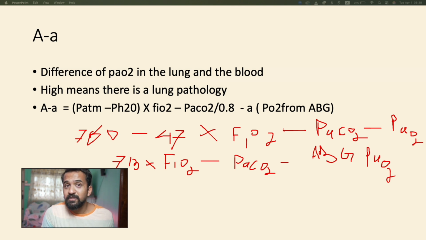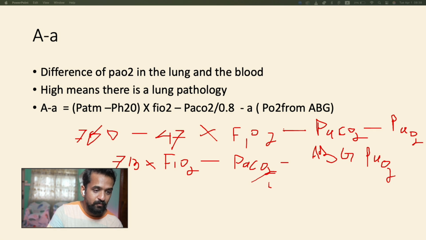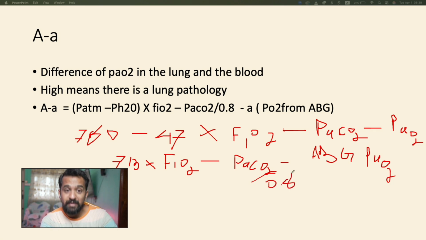Now it can be 0.21, it could be 0.5, depending on how much oxygen you are giving this patient, okay? Once you get that, minus your carbon dioxide level that you found in your ABG, divided by 0.8, and that's what will give you the AA gradient of the patient.